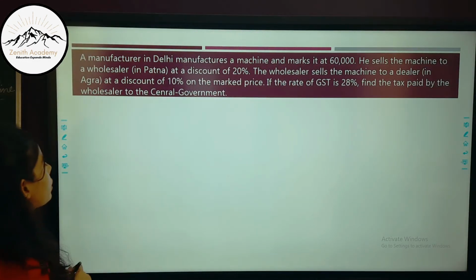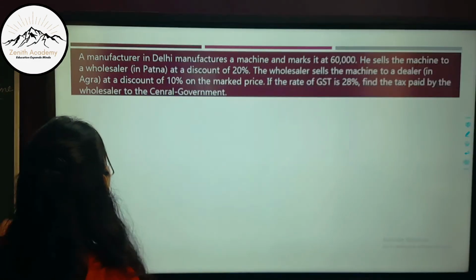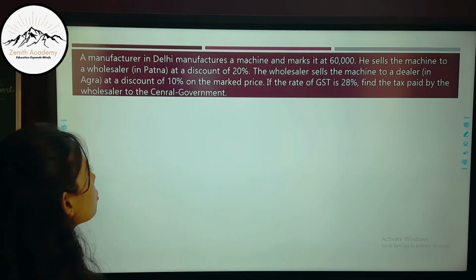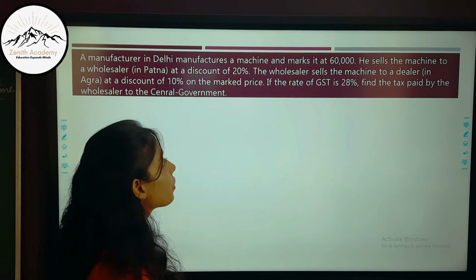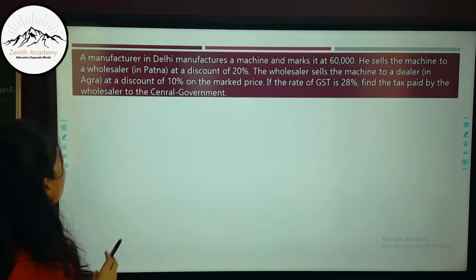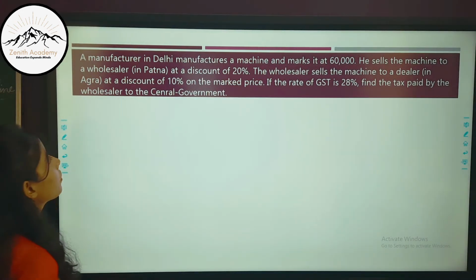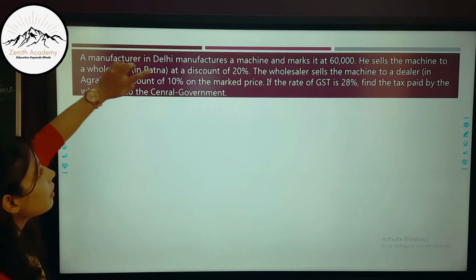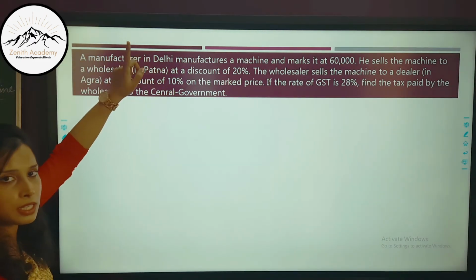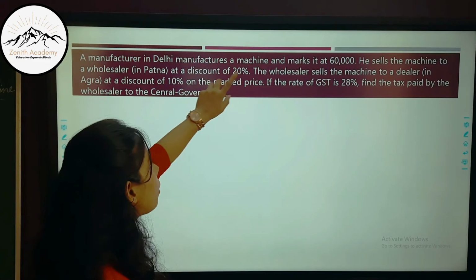Okay, so our last question for this session. A manufacturer in Delhi manufactures a machine and marks it at 60,000 rupees. Now he sells the machine to a wholesaler in Patna. The manufacturer is from Delhi and is selling to the wholesaler in Patna, so it is an interstate transaction, at a discount of 20%.